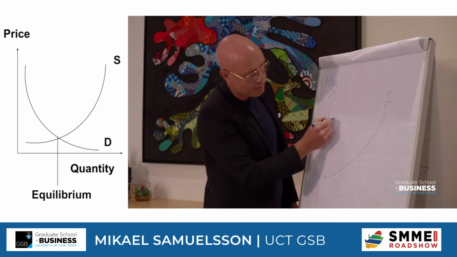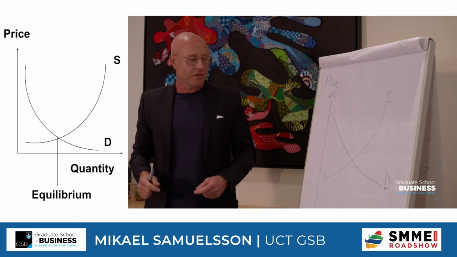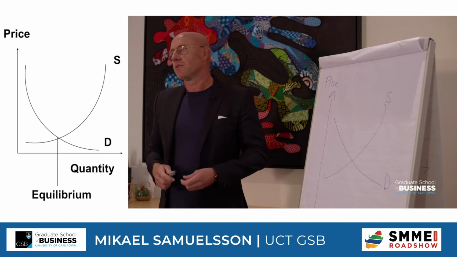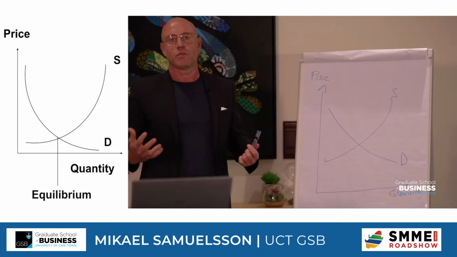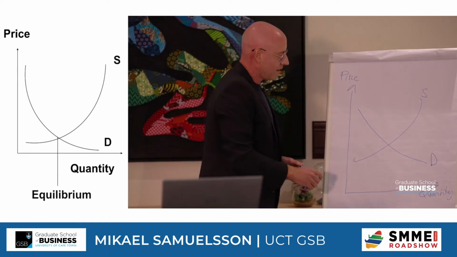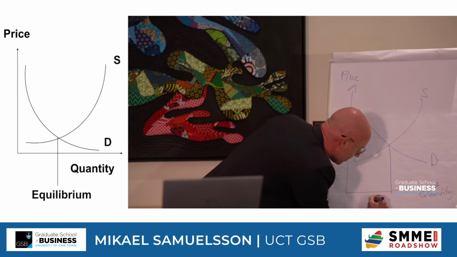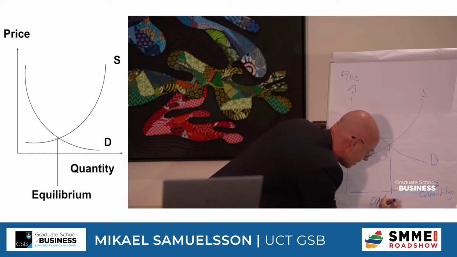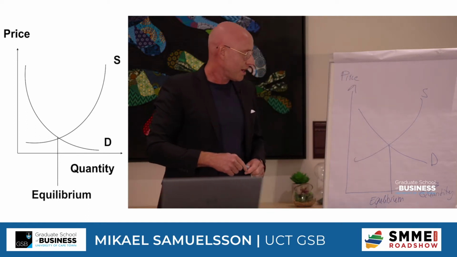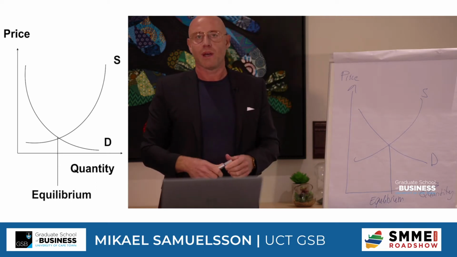Then you will have the demand curve, which is the aggregation of all your needs and wants. Everybody that wants to have something that you are selling is the demand, and this point is called something very particularly interesting, equilibrium.